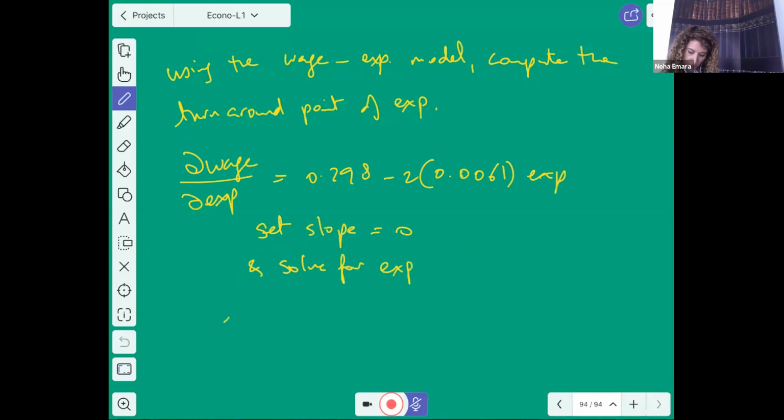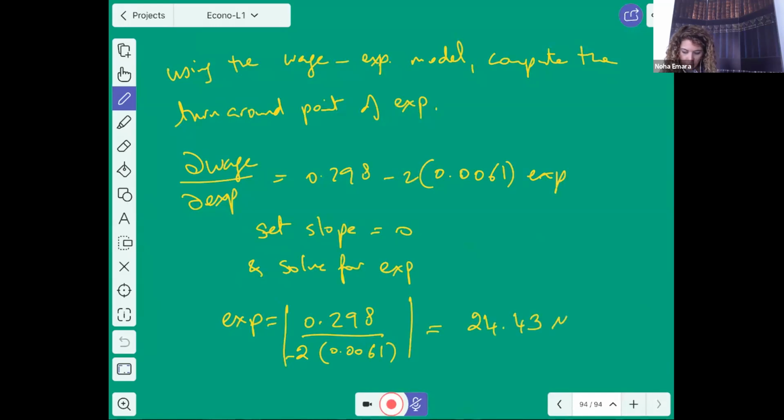Experience is equal to 0.298 over 0.0061. Take this in absolute terms because it had a negative sign, and this gives me 24.43 years. Remember, the unit of measurement follows what the question is asking you.